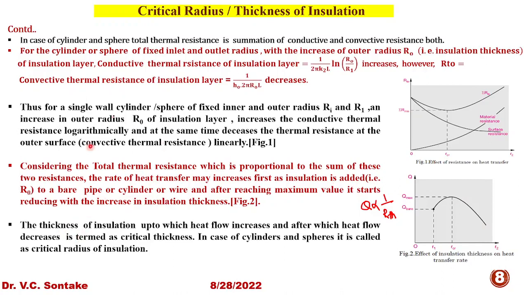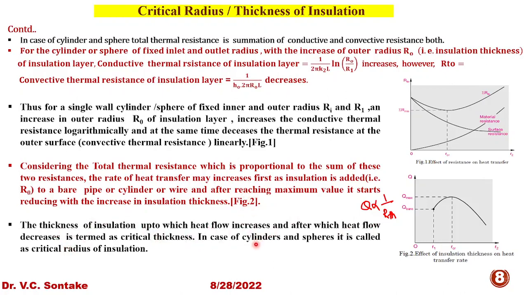From this entire discussion, I can have one very important conclusion. The thickness of insulation up to which heat flow increases and after which heat flow decreases is termed as critical thickness.